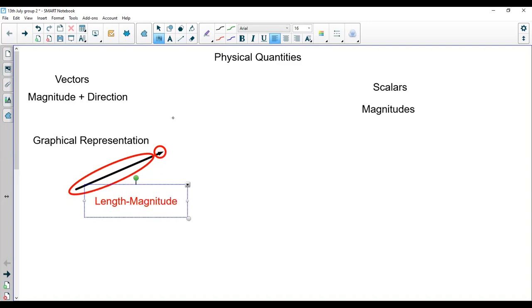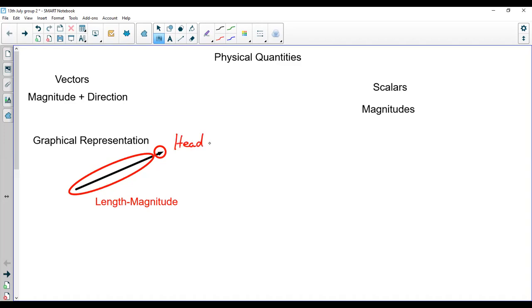And the head represents the direction. So that's okay.